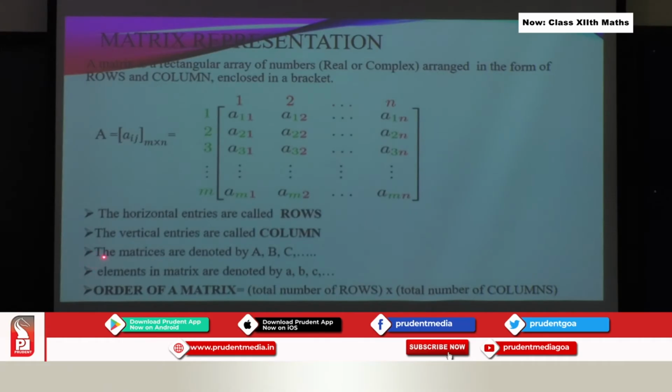Now the third note: the matrix is denoted by A, B or C. Whatever letter you take, that letter is supposed to be capital when you denote any matrix. And the elements inside this bracket are denoted by small letters a, b, c, d, any letter from the 26 alphabets.